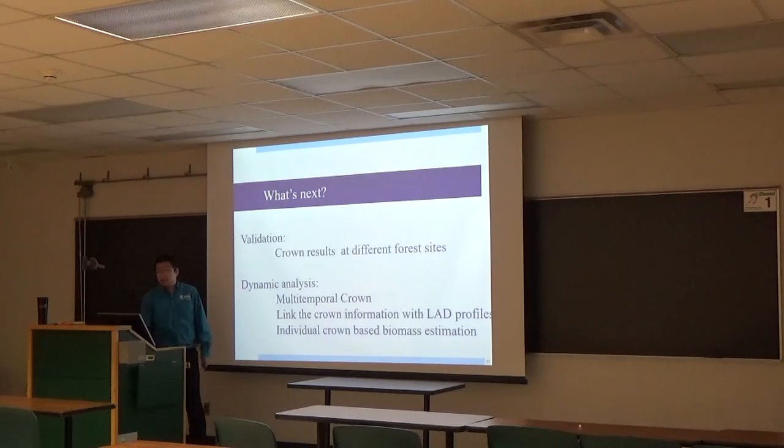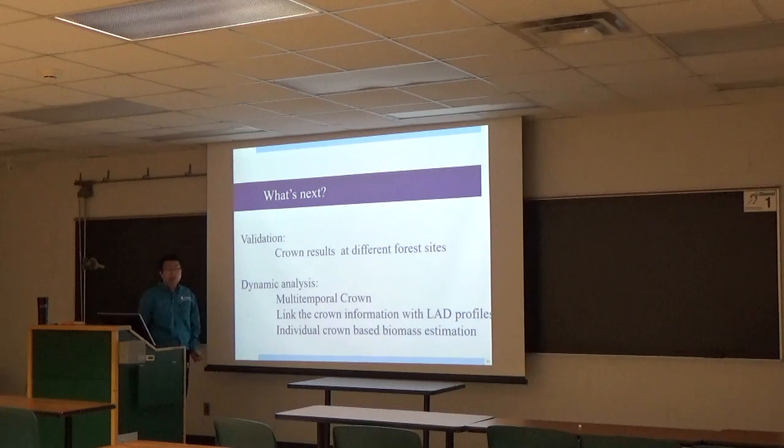Then what's the next step for this study? I will try to delineate the crowns at a different forest site. I will also try multi-temporal crown delineation using repeat survey data, to see if I can pick up the tree at the same location, and whether I can pick up tree loss or tree growth when I compare the results from the repeat surveys.